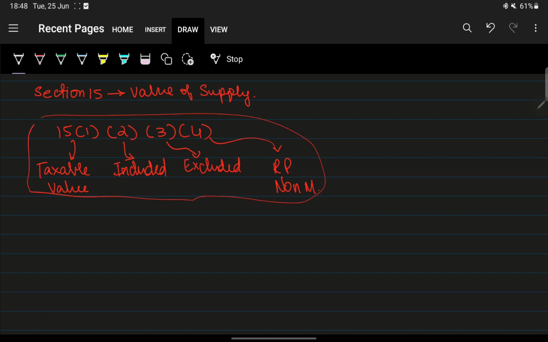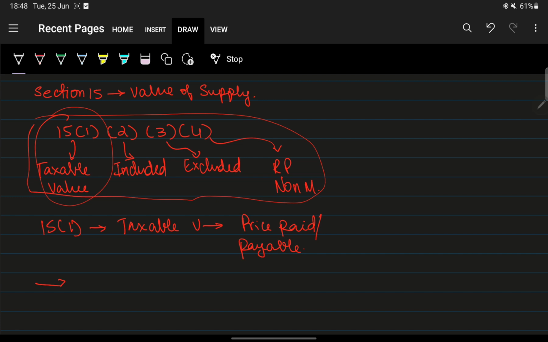Next, we dove more into what 15.1 talks about. 15.1 tells that the taxable value is the price paid or payable for that particular supply. Next I'll ask questions, and you just have to answer yes or no in the background itself. First, what are the conditions? There are 2 conditions.